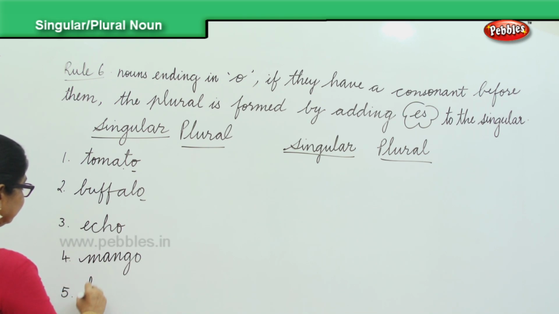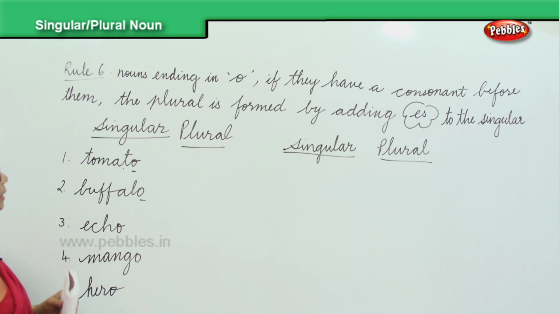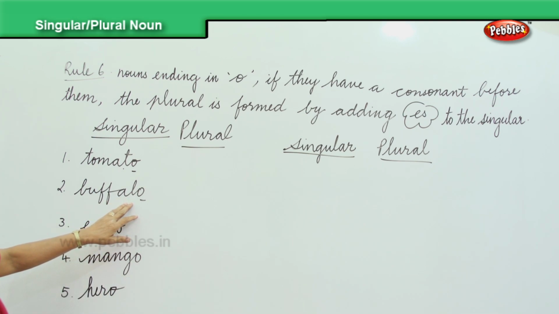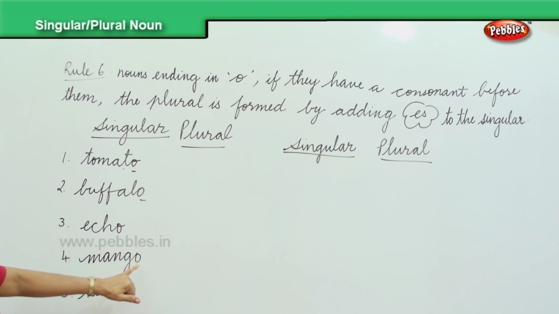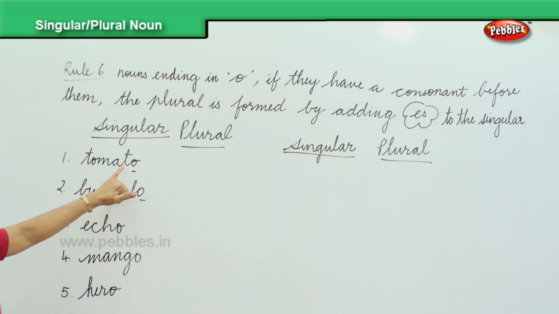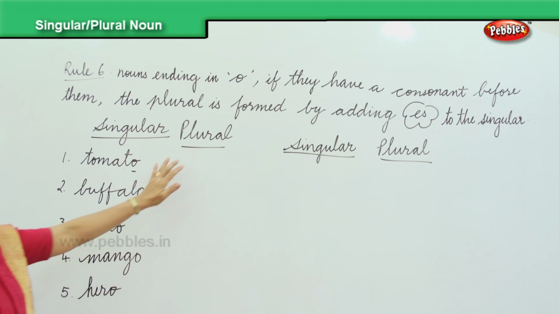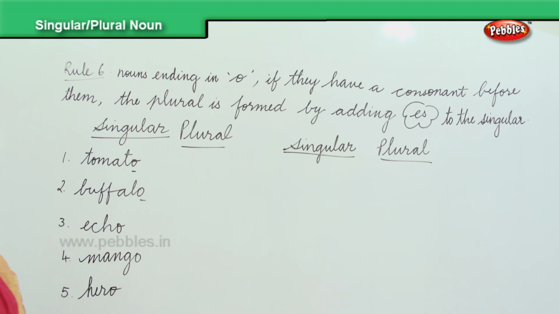Hero. In all these, tomato, buffalo, echo, mango, hero, all ending in O, and there is a consonant before it. Therefore, you form the plural by adding ES to the singular.